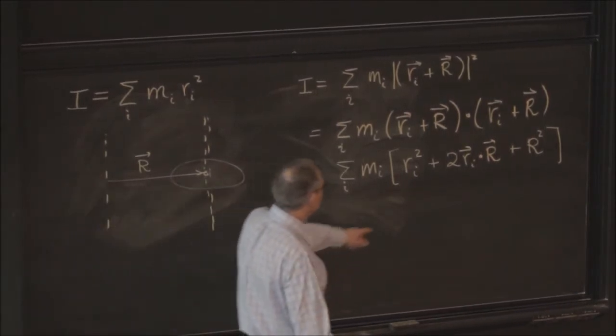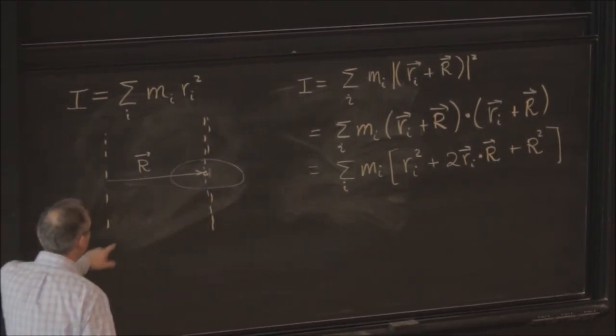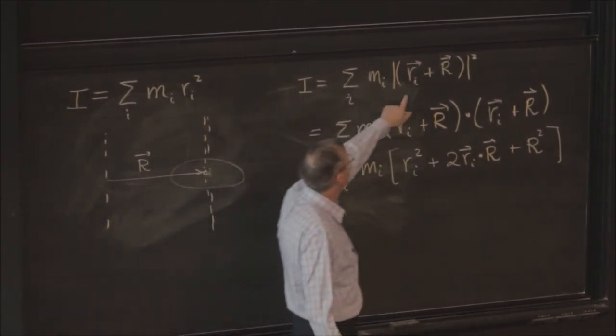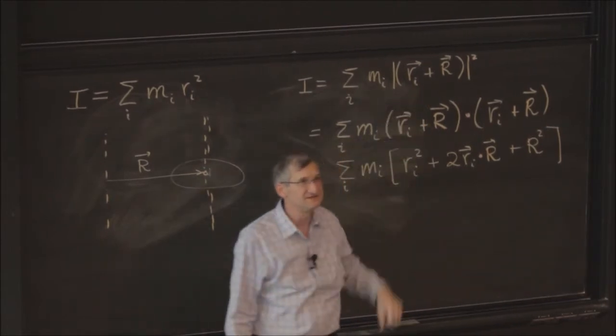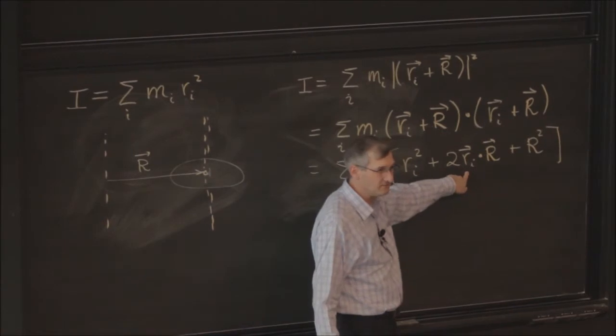Can someone make the argument for why, if we say that the original calculation is done passing through the center of mass, then I can drop this term?